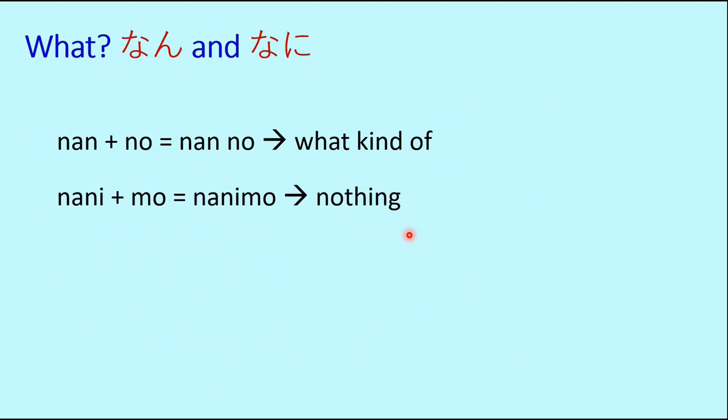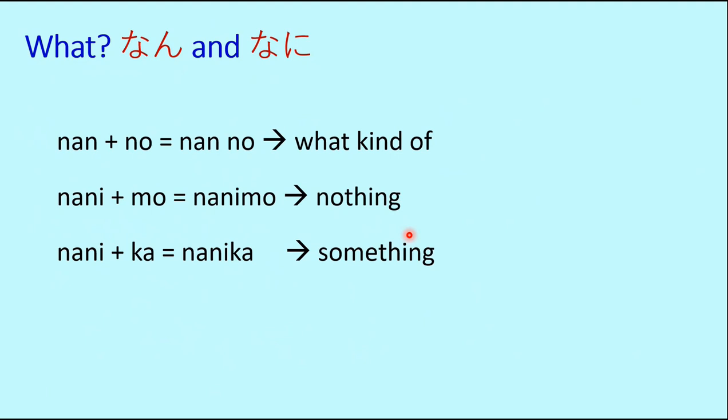Similarly, nani plus mo. Mo is another particle which we have not yet studied, so we won't go into detail. Nani plus mo gives nanimo, which means nothing. Likewise, nani plus ka gives nanika, which means something. We shall be forming sentences using nan no, nanimo, and nanika in the next lesson.